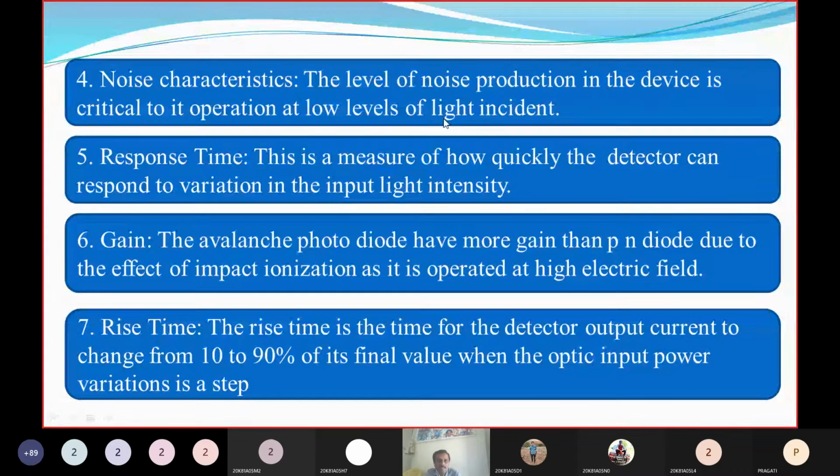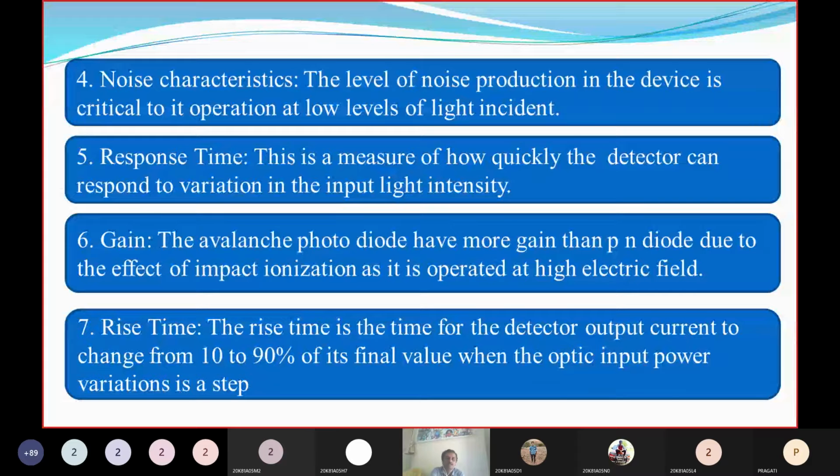Next, response time. This is the measure of how quickly the detector can respond to variation in the input light intensity. After the light is incident, some diodes will work within a fraction of a second, and some diodes will take some time.